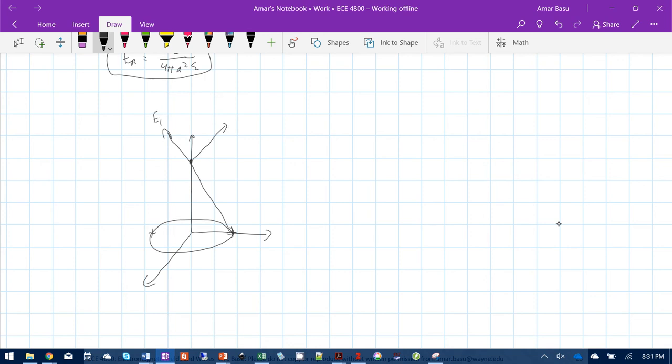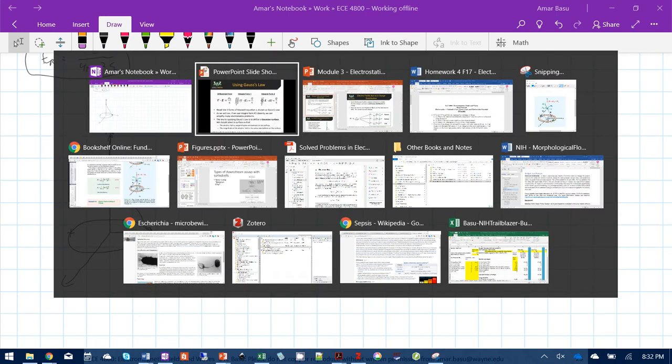So this is E1, and this is E2. The lateral components of the electric field cancel. The radial components, this is negative r and this is r, will cancel, and you're left with just the z components of the field. So the total electric field along the z axis is going to end up being in just the z direction. All right, so that's a little bit about the symmetry of the problem.